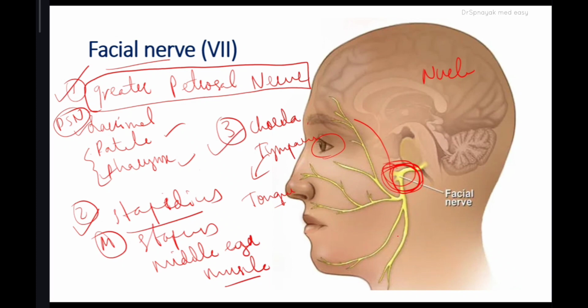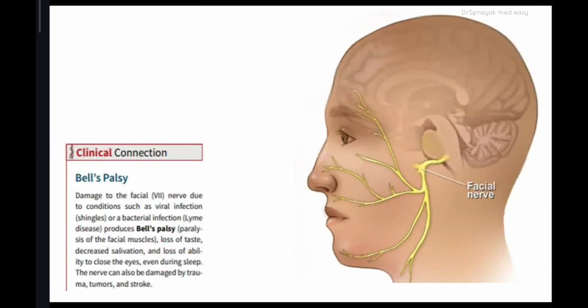And you see the remaining branch, very, very important, the fourth branch or remaining branch of the facial nerve. It is coming down, exiting the skull, and from here it is innervating five different regions of the face.